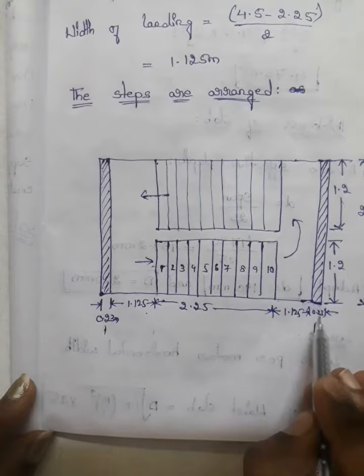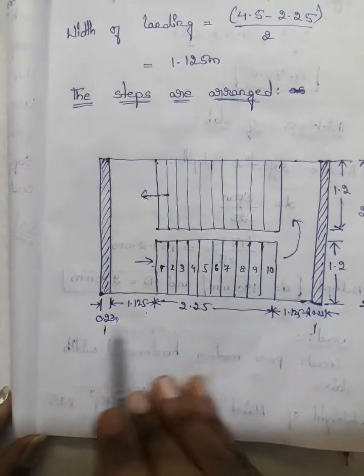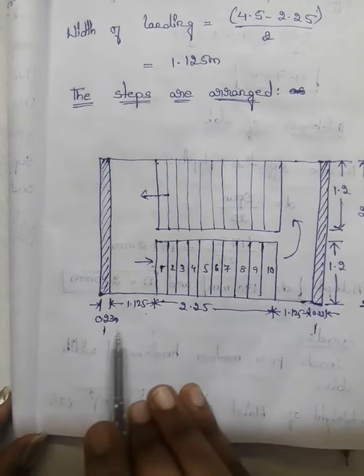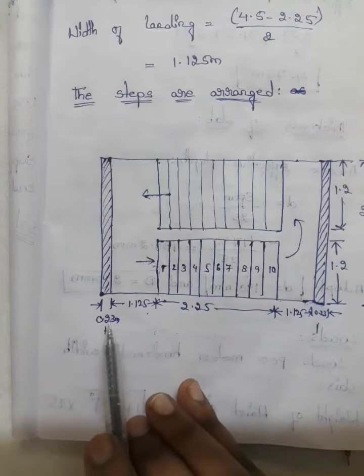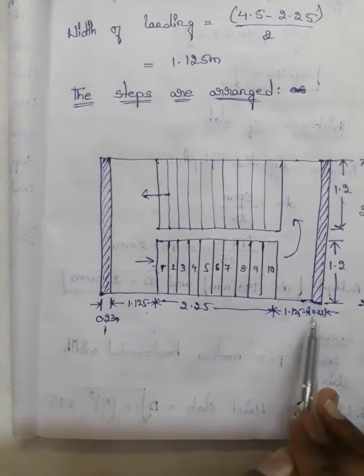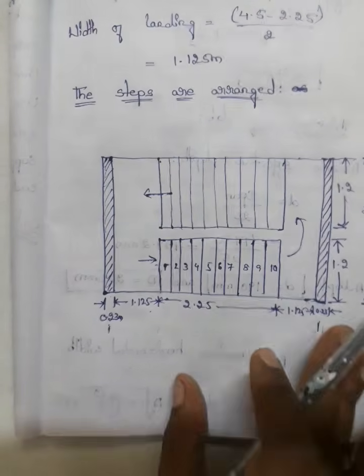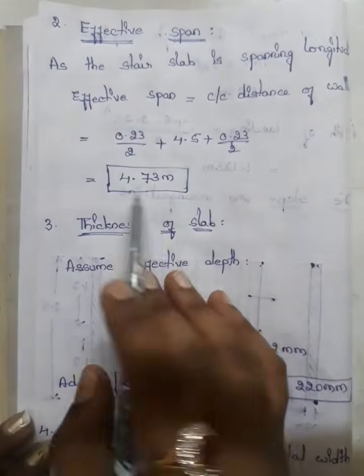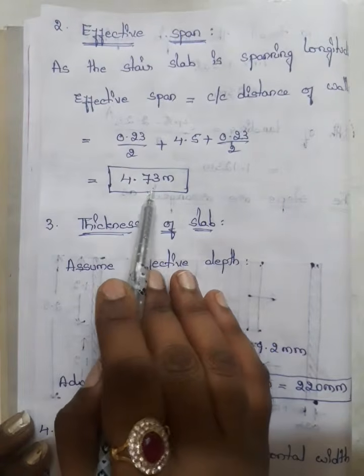So 0.23 by 2, this is 0.23 by 2, plus 4.5. Then we will get the center to center distance. So that is equal to 4.73 meters.